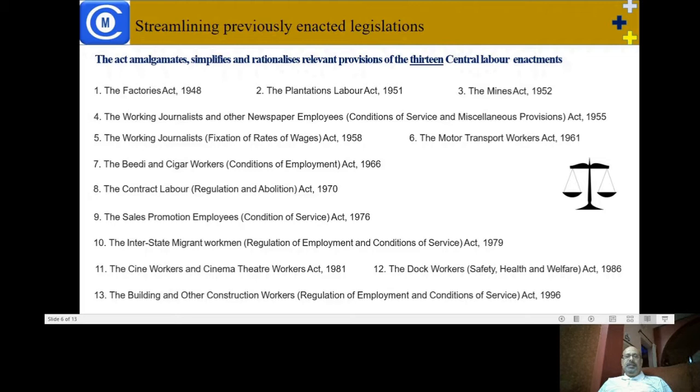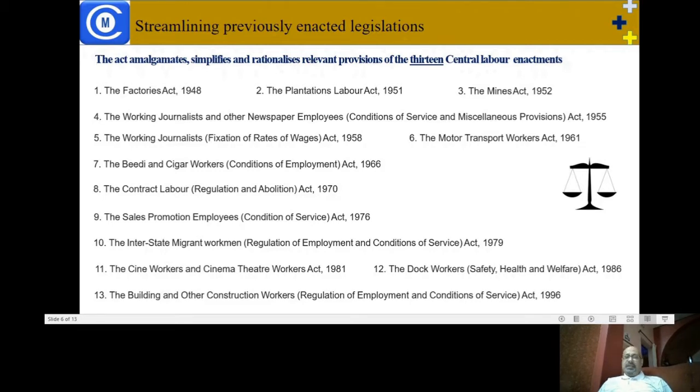So we find that whatever was relevant to health and safety in these 13 previously enacted laws has been amalgamated and simplified in one code. Now one code will serve the purpose of all 13 laws regarding health and safety and work environment.